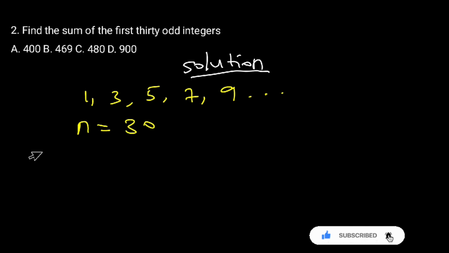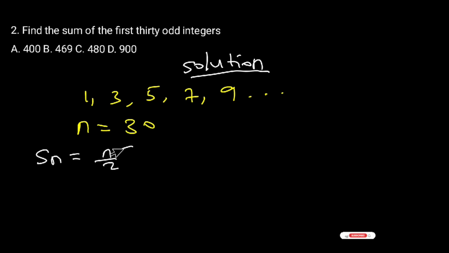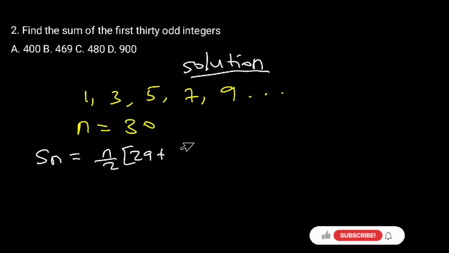So let's take the formula. Sn is equal to n over 2 multiplied by 2a plus n minus 1 multiplied by d. The sum of terms is what we are looking for, the sum of the first 30 odd integers.